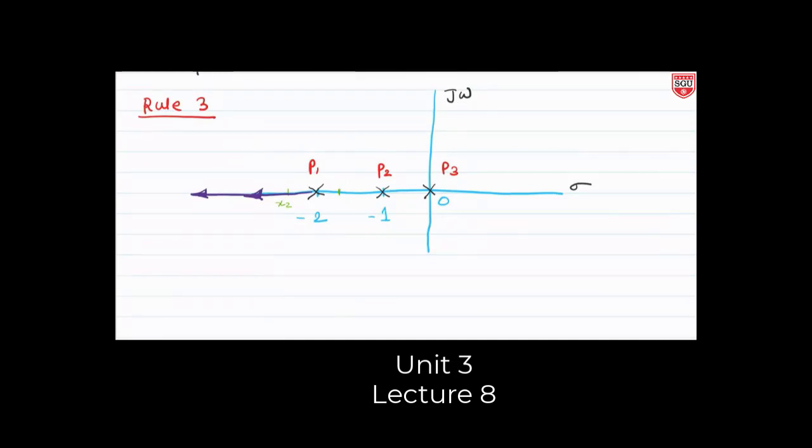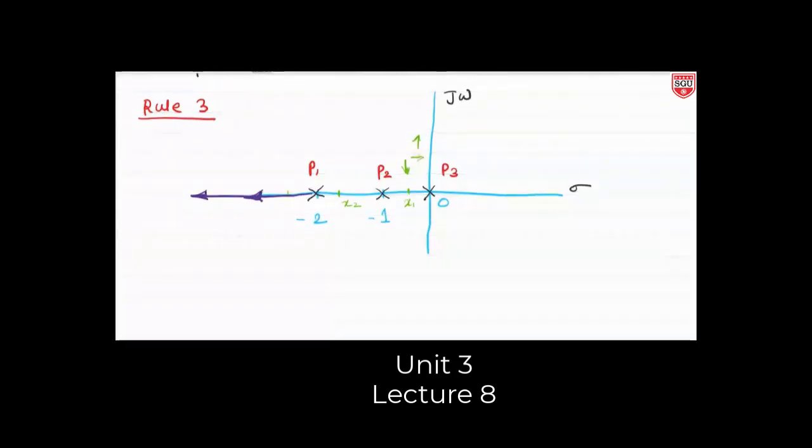Let's say this is again X1, this is X2, for the point P2. So what will be the direction? We are standing at point X1 here, looking towards the right side. There is only one pole. But if we are standing over here and look towards here, then there are 2 poles.